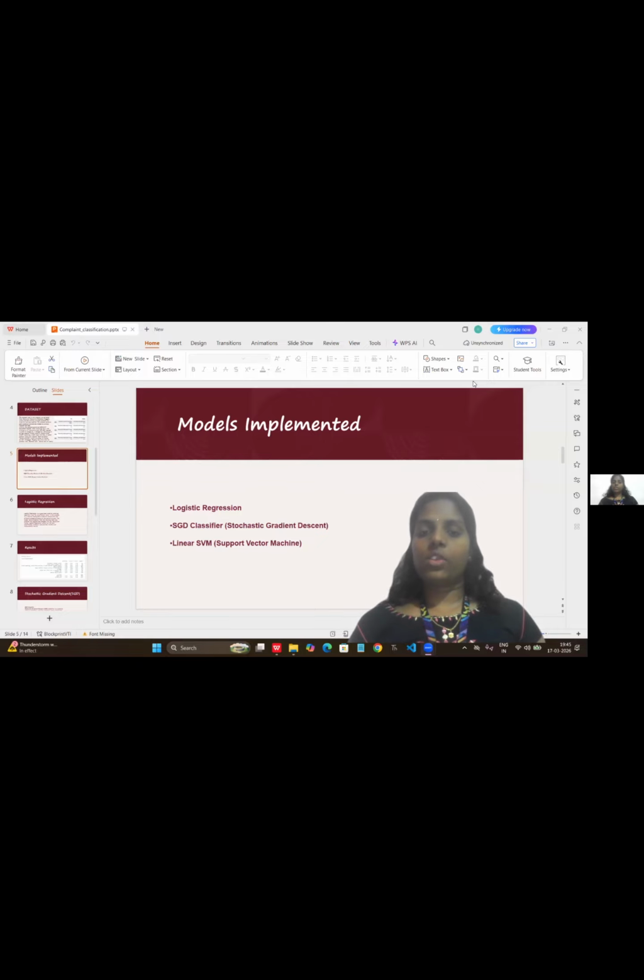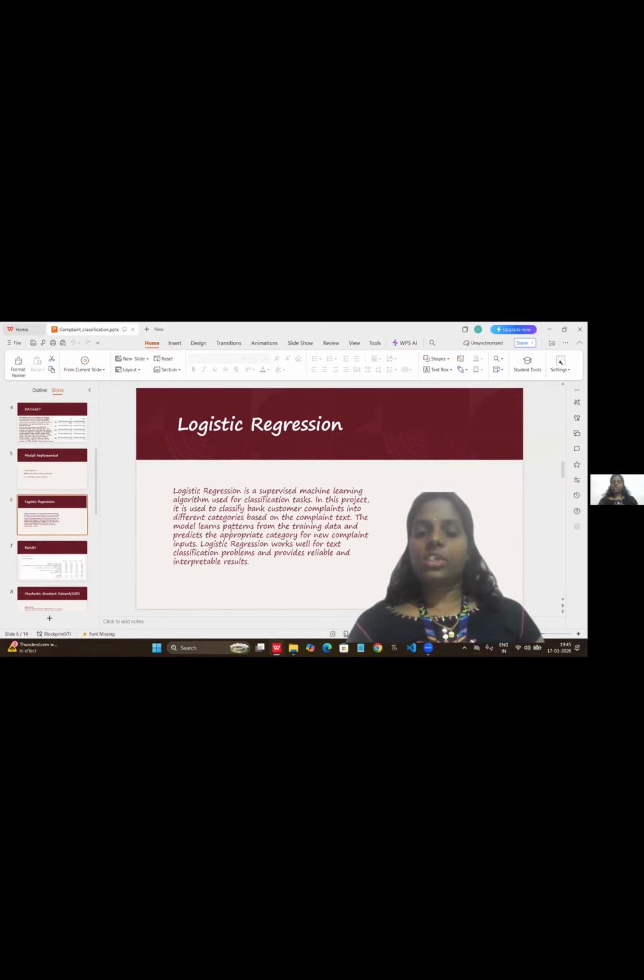Hello, I'm Lipsita. In this project, we used three models: logistic regression, SGD classifier, linear SVM. Now I'll explain logistic regression. Logistic regression is a supervised machine learning algorithm that is mainly used for classification problems.